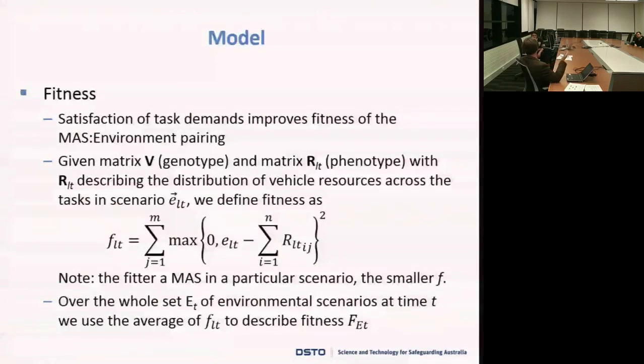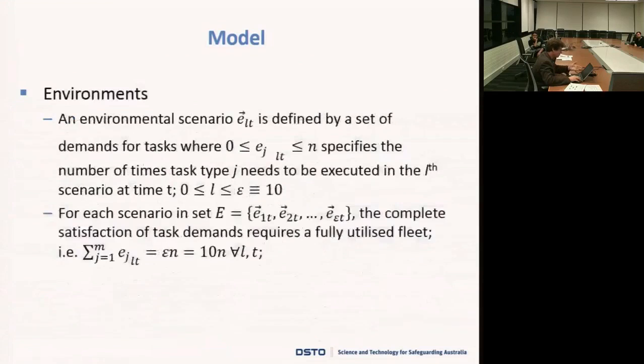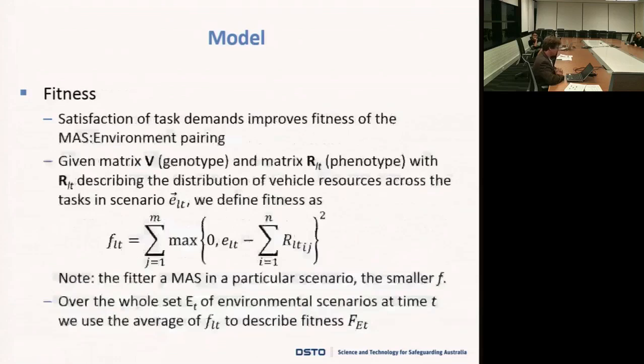So yes, it could be potentially that your fitness is pretty much minus whatever the maximum value is. What was it? Minus epsilon n, or we set epsilon to 10 arbitrarily, but so you can get values of this type.